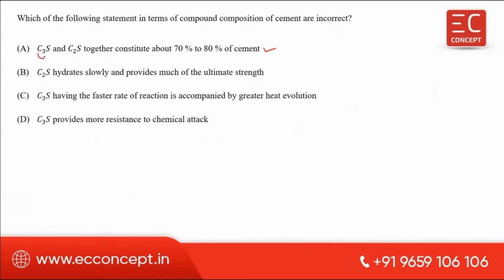C3S is approximately 45 percent and C2S approximately 25 percent. Then C2S hydrates slowly. Yes, C2S is responsible for later strength. So C2S hydrates slowly and provides much of the ultimate strength.